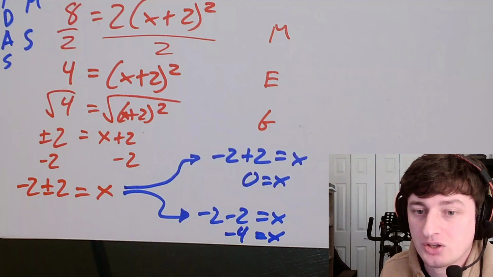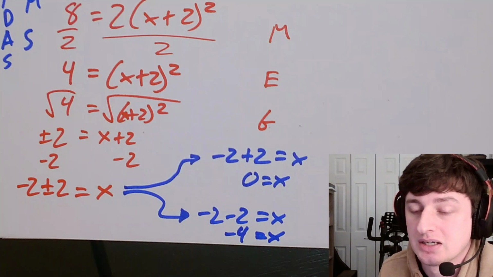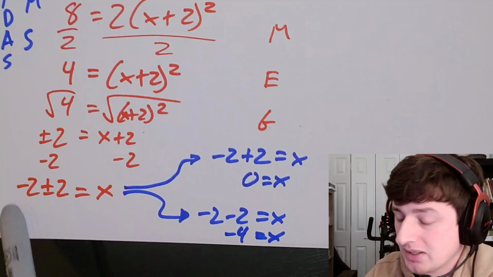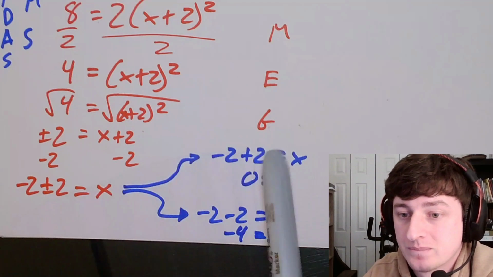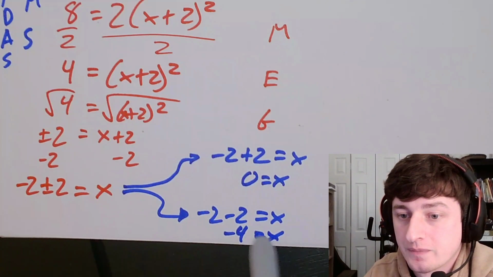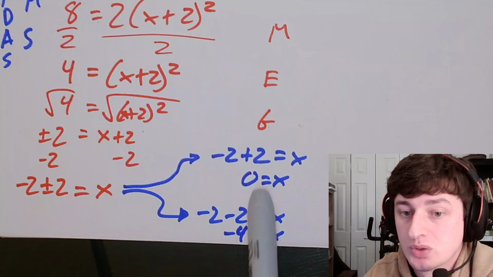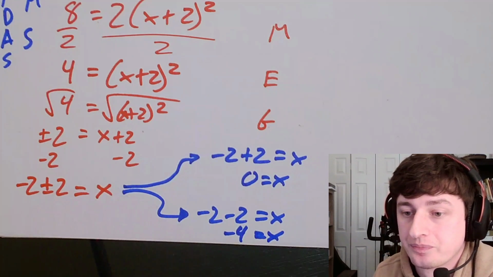You can think of it like the axis of symmetry is at negative 2, and we go 2 to the right and 2 to the left. And so this is where our roots are. And our axis of symmetry is in between those. It's the negative 2.